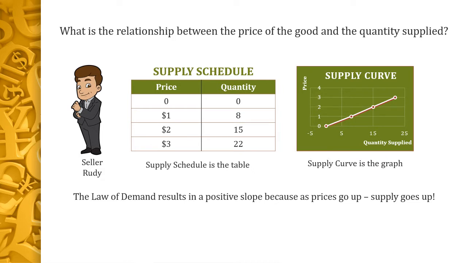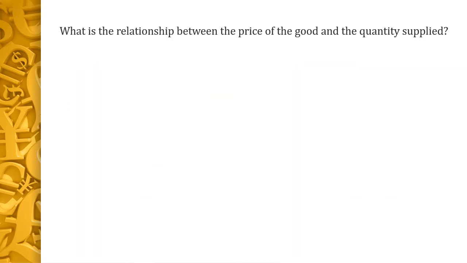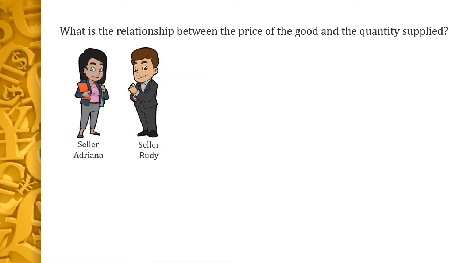But just like with demand, the truth is that Rudy's a single person. He's not the only supplier of tacos in town. So let's take a look at what we talk about as the market supply. So we've got Rudy, and we now have his competition, Adriana. Adriana is new to the business. She's got a different type of taco, maybe a street-infused taco, and she's basically going to also be supplying the marketplace with tacos.